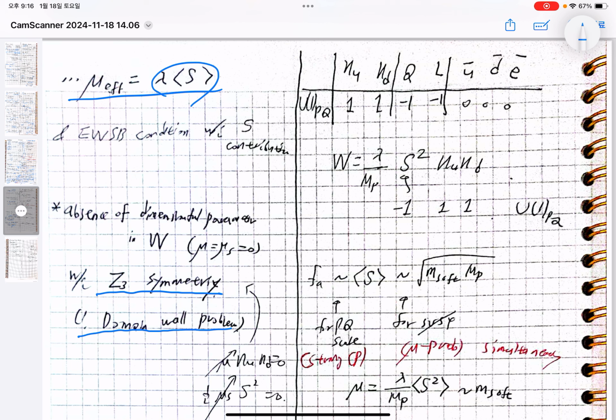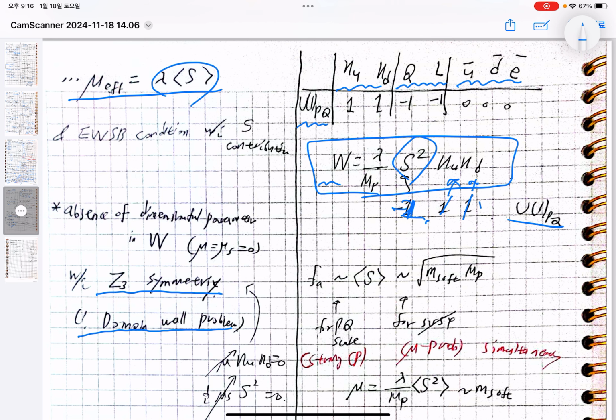We can assign the PQ charges to the Higgs fields, the quarks and leptons, and the right-handed ones. Then the superpotential can contain such a form. And the S gets the charge -1 here, the Higgs get 1 here as the PQ charge, so this is -2 for the scale.